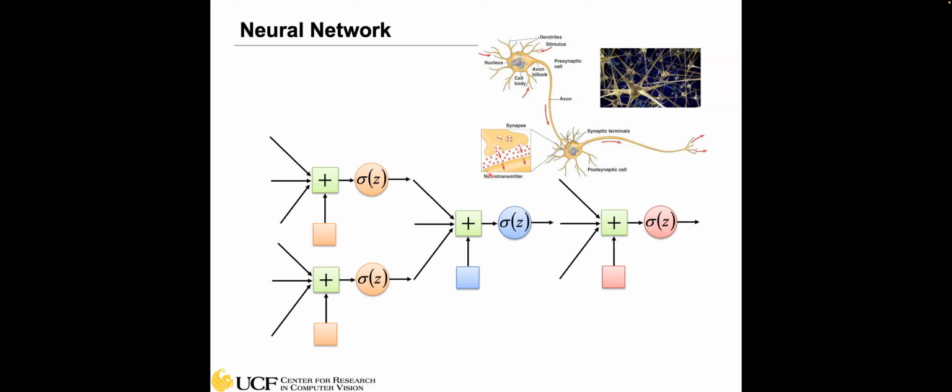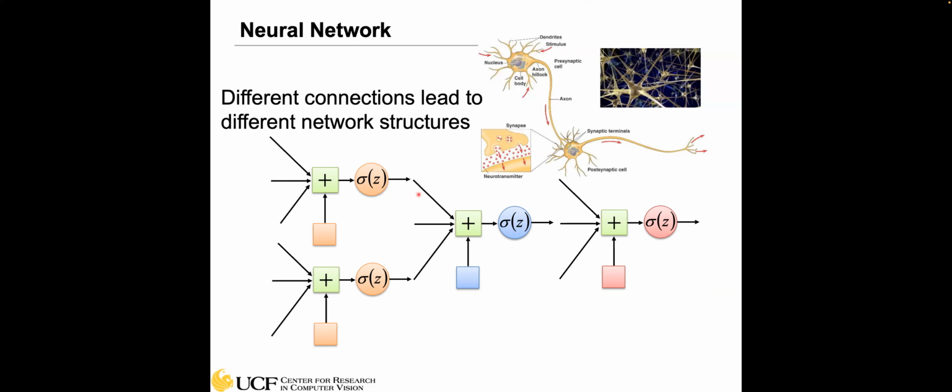We want to mimic this, so we have a lot of neurons and can build like a Lego: how you connect different neurons, different connections lead to different network architectures.